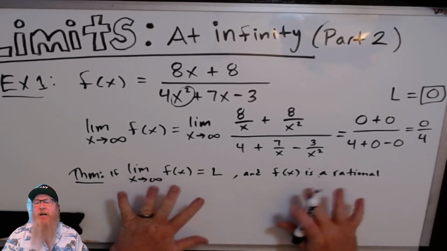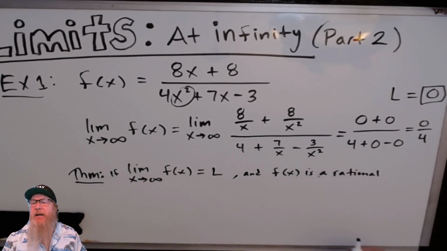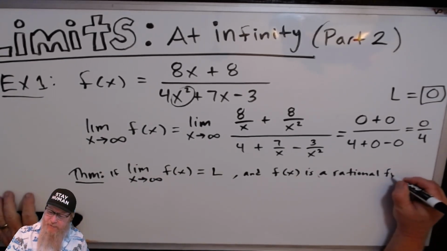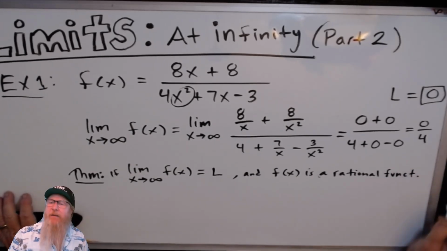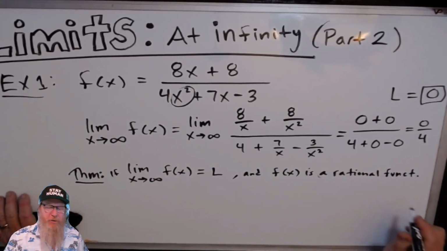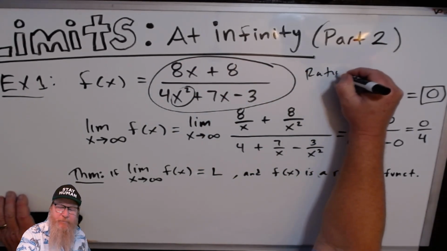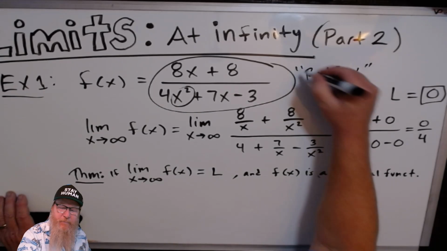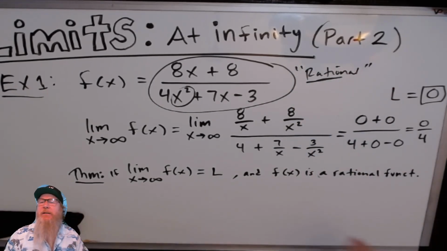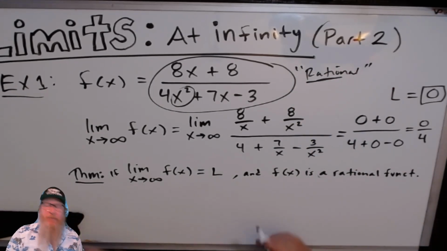This theorem is not true if this limit does not exist. So f has to be a rational function. That comes from the word ratio. It's the ratio of two polynomials.